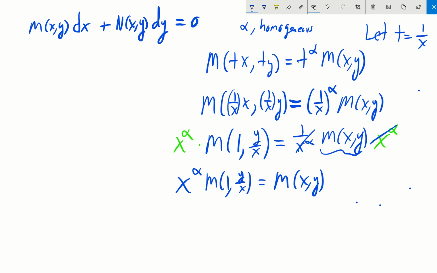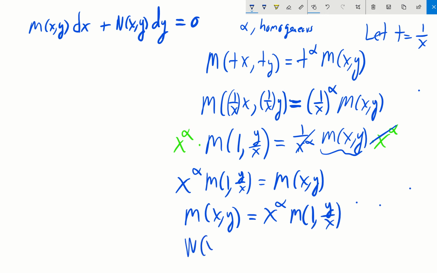Furthermore, with the exact same work, if this differential equation is homogeneous of degree alpha, then we can get an equivalent expression for the coefficient function n. It's also true that n of x comma y is going to be equal to x to the alpha times n of 1 comma y over x.